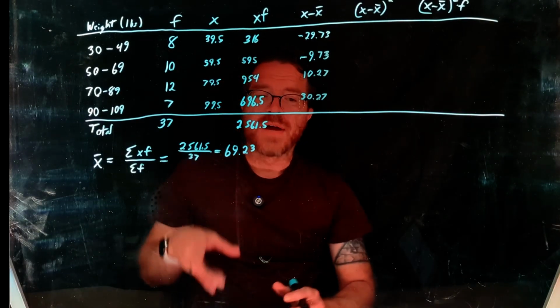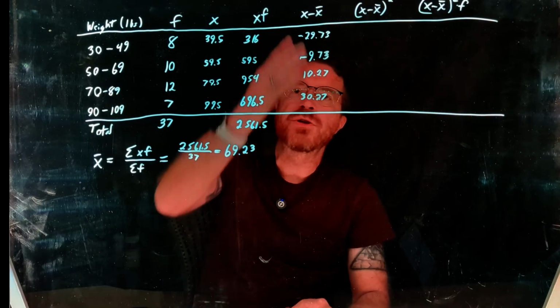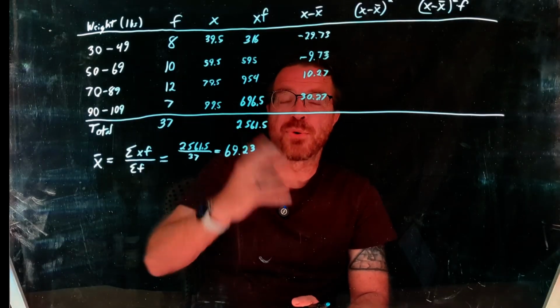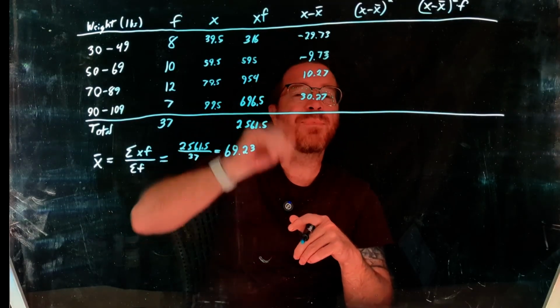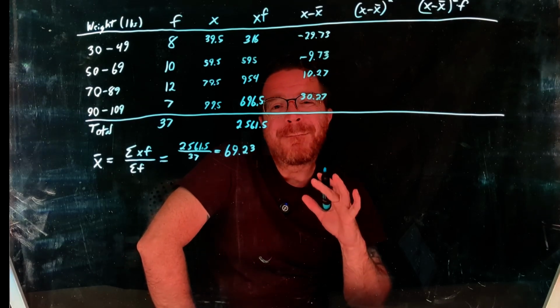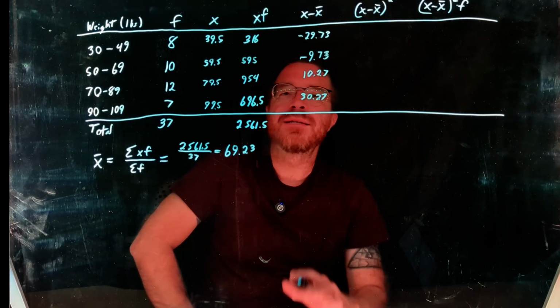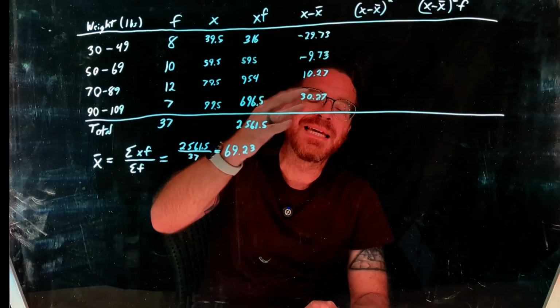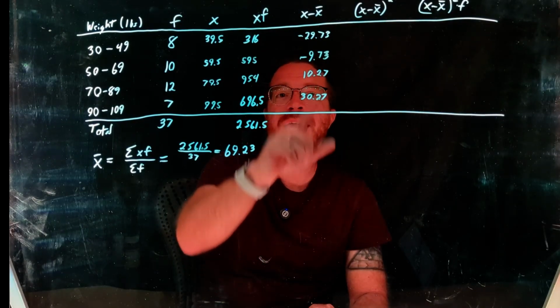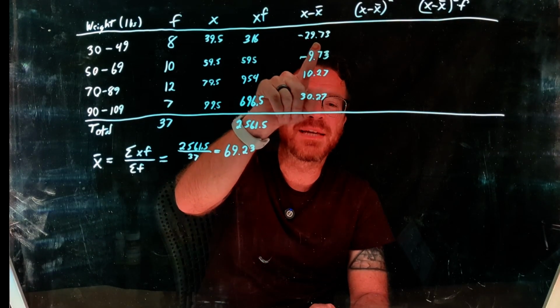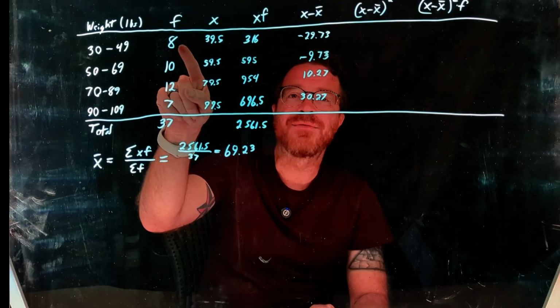Now, one thing I want to clarify is, remember how I told you that if we were to sum these values up, they would be pretty close to zero? Well, you can see from this example that they're already pretty close to zero. But this is kind of misleading, because if you sum up these values, it doesn't necessarily go to zero. You still have to take into account that this negative 29.73, which is how much your data point deviates from the mean, there's 8 of them.